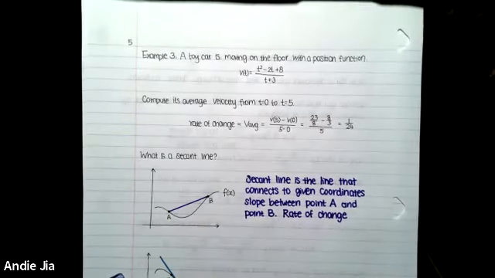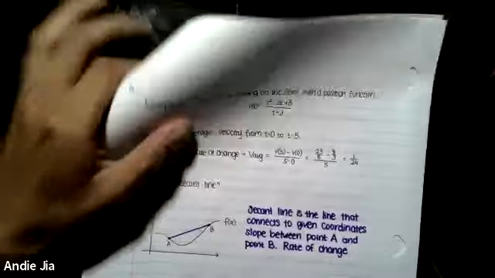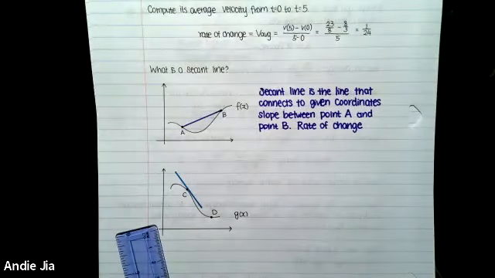While this next one, g of x, is a tangent line.